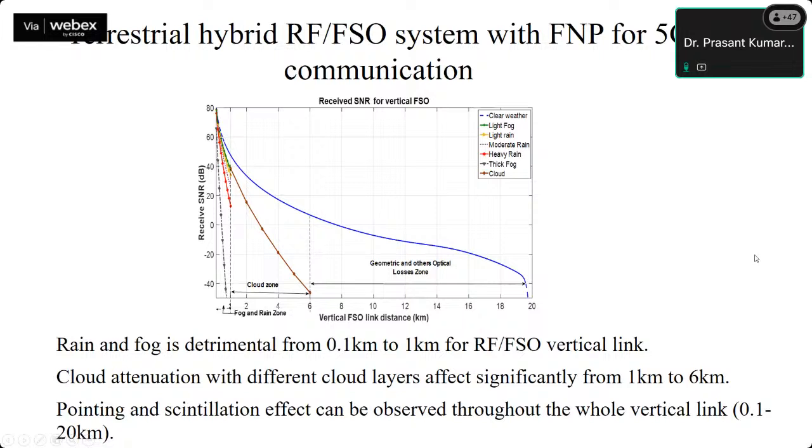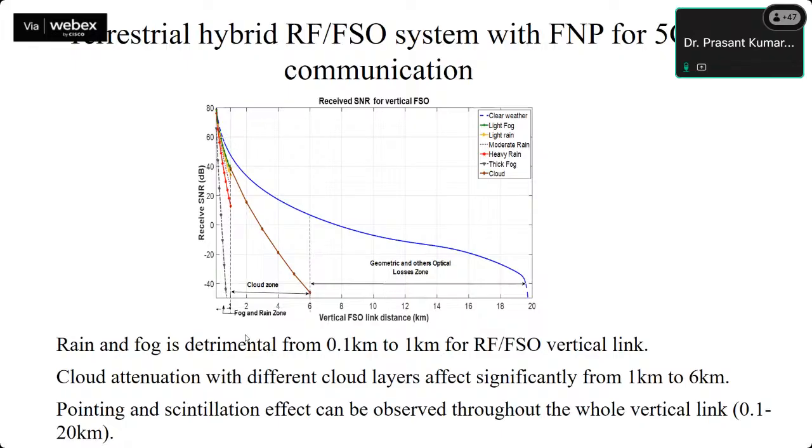So these are some of the things to be addressed when we are trying to converge the different platforms to design a hybrid optical link. All these problems will come. If you have a flying network platform which is flying vertically, there are different ranges. The rain and fog impact is only observed from 100 meters to 1 kilometer.